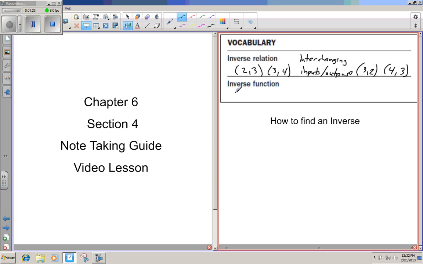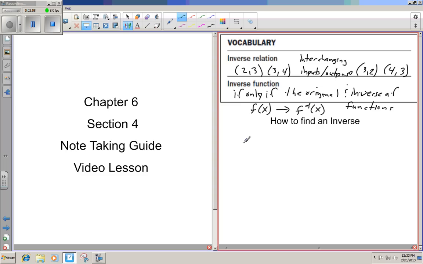An inverse function is a function if and only if the original and inverse are functions. And that's denoted by saying here's f of x, and the inverse is f to the negative 1 of x. All right, that's how this works.